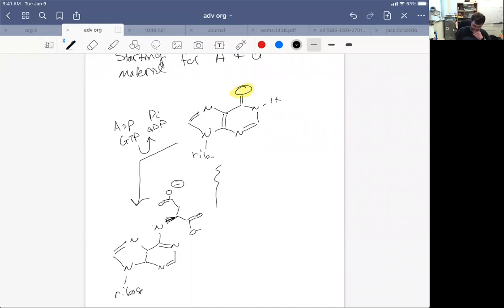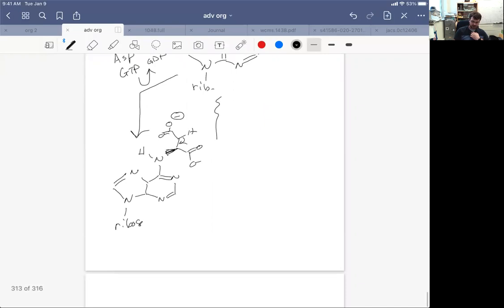And what we can do is, once again, just lose fumarate from this to give us our NH2.